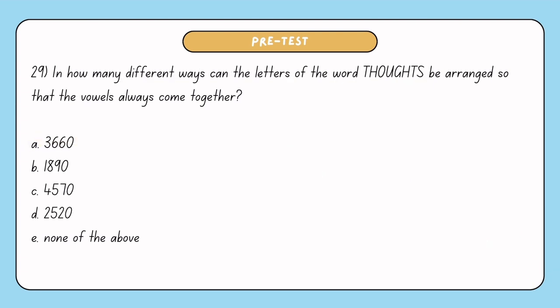Number 29. In how many different ways can the letters of the word thoughts be arranged so that the vowels would always come together? So, recall natin yung formula ng permutation, which is n factorial over n minus r factorial. Because we mentioned that gusto natin palaging magkasama yung vowels, we will treat OU as one object.